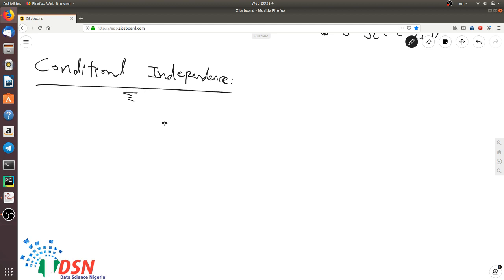Let's say we have three different random variables a, b, and c, and assume that p of a given b and c is equal to p of a given c. In this case, a is conditionally independent of b given c.